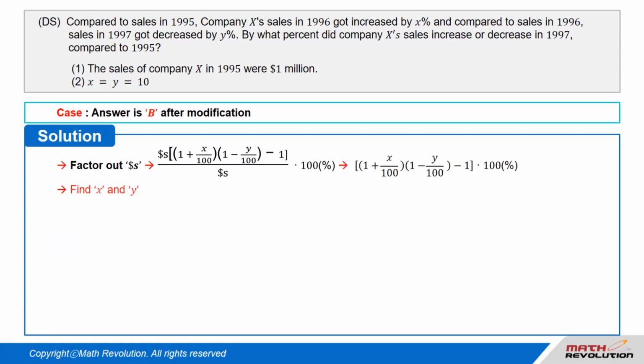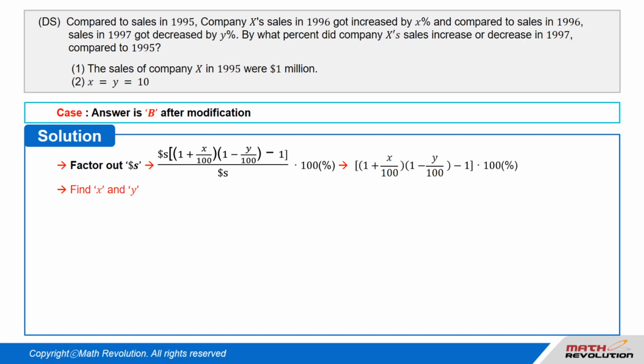We can factor out a dollar amount S to get dollar amount S times 1 plus X over 100 times 1 minus Y over 100 minus 1 over dollar amount S times 100%, or 1 plus X over 100 times 1 minus Y over 100 minus 1 times 100%. We need to know the value of X and Y to get a unique value for the percentage change.